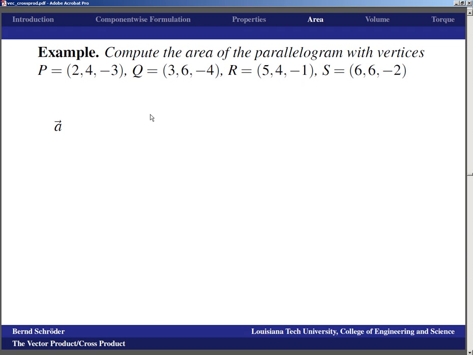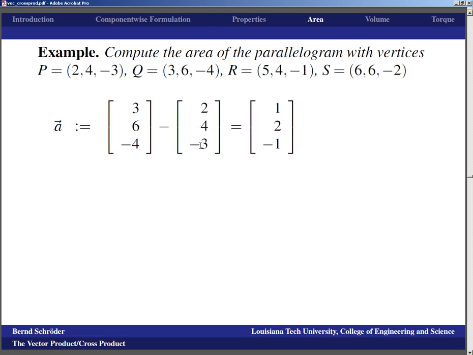And so our vector A, if we use our vector P as the pivot point, would be that we take, say, Q minus P. So we would take 3, 6, negative 4, minus 2, 4, negative 3. So we're taking the side that goes from the point P to the point Q and encode it as a vector. And then, of course, we see that vector should be 1, 2, and negative 1, right? Yes.